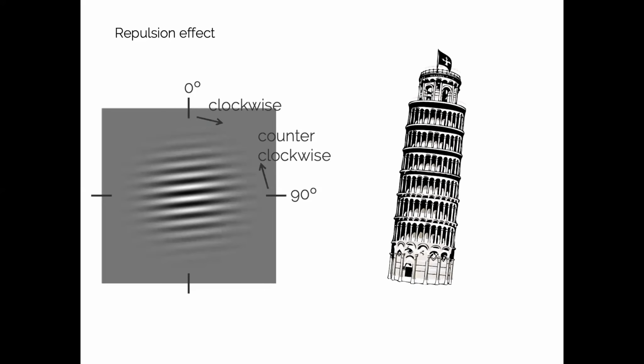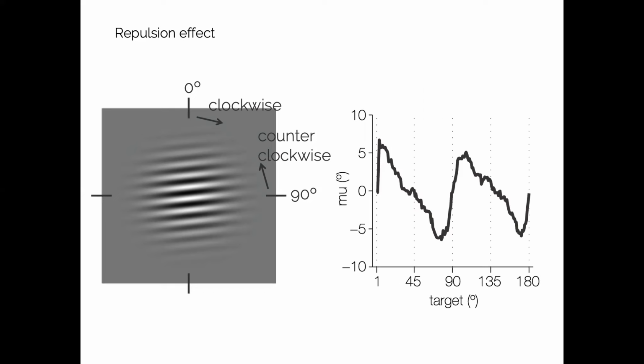All right, so a real-world example that I could think of is that, let's say you're standing in front of the Tower of Pisa and you have to estimate the angle of its tilt. Why does it seem so tilted? You might then estimate this angle as being actually larger than what it is. So what does this look like in data? Now on the y-axis, I'm plotting the mean of the distribution.